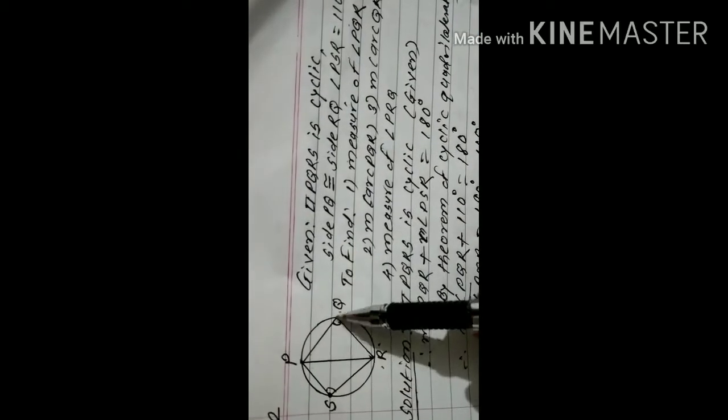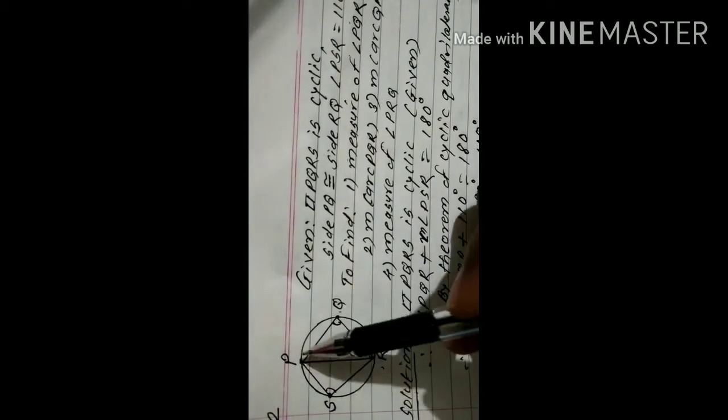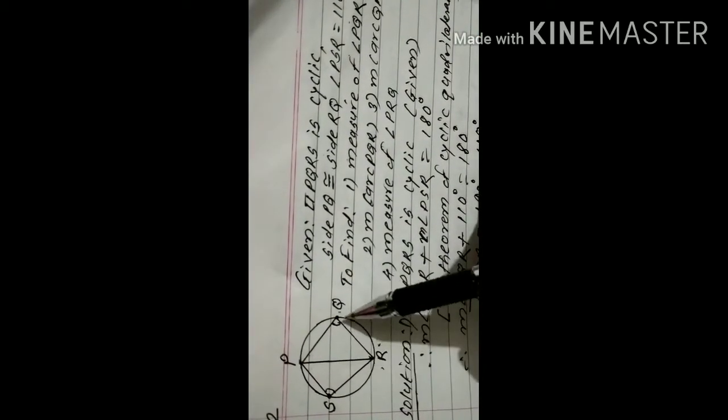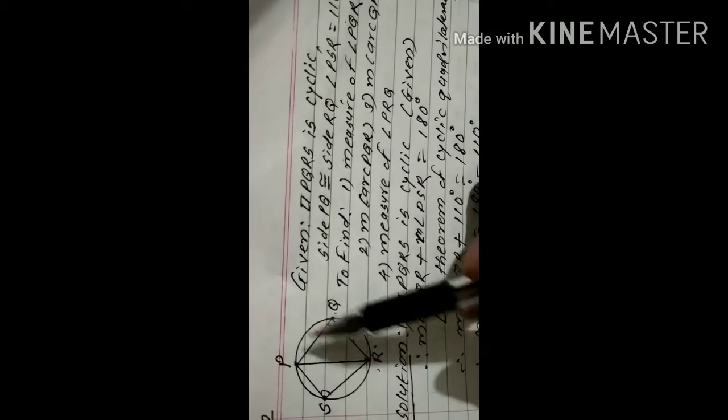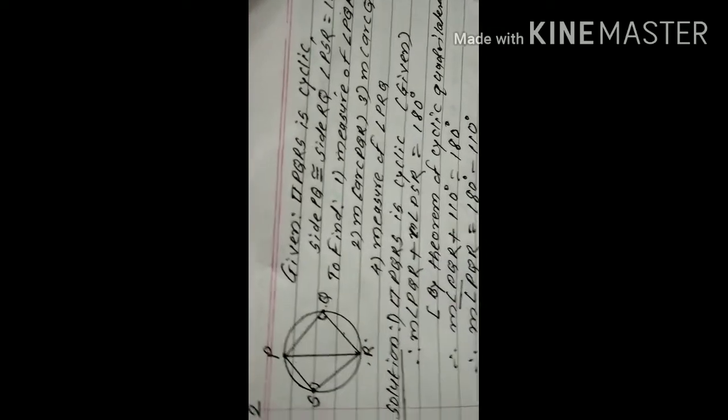From the figure, chord PQ has corresponding arc PQ, and chord QR has corresponding arc QR. If two chords are congruent, then their corresponding arcs are also congruent.